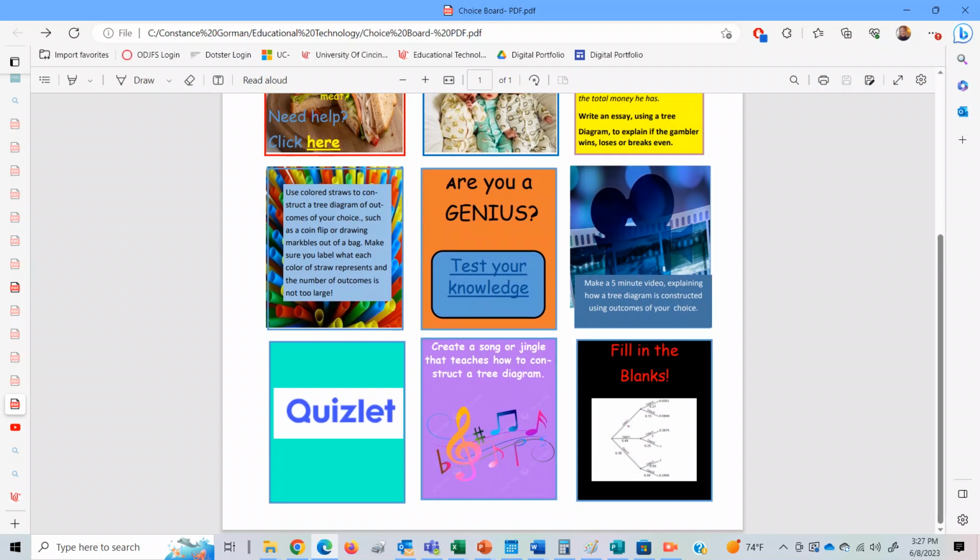So they're actually creating a visual tool, which acts as data, in order to answer probability questions. And with Are You a Genius, which is the highest level one I have, the data is presented, but they do have to interpret the data.